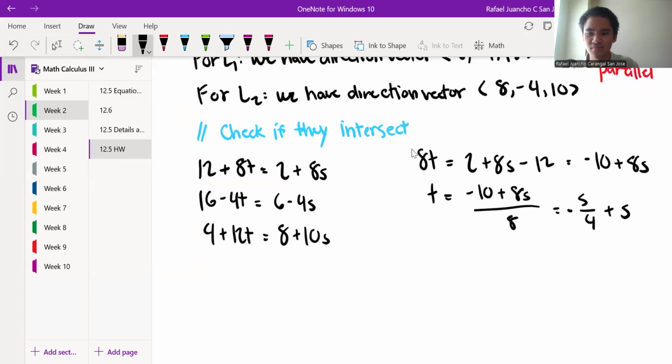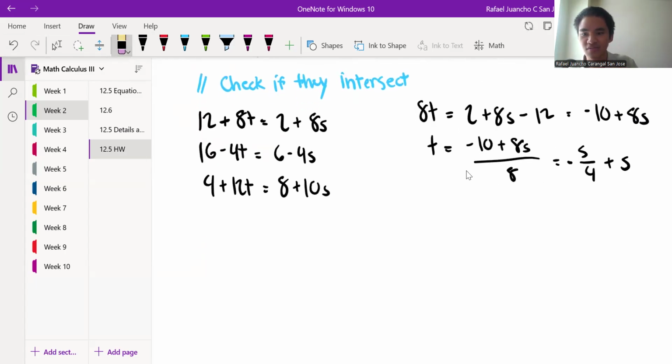Okay, that's a 5. That's an s. We can actually switch this up just to make it nicer. s minus 5 over 4. There we go.